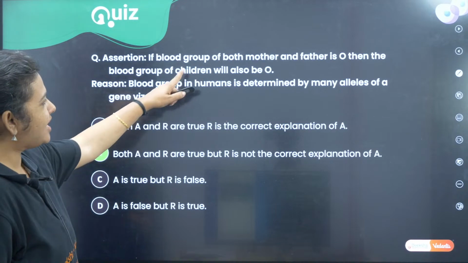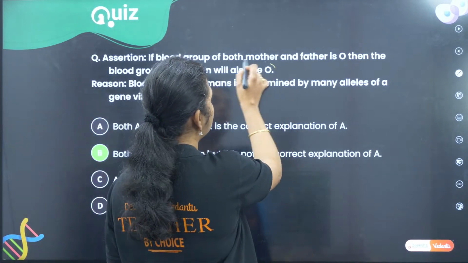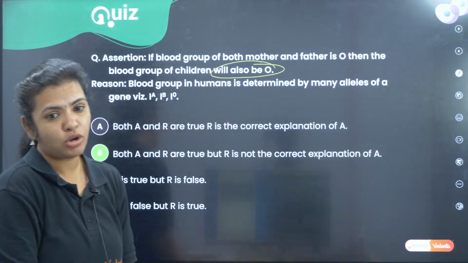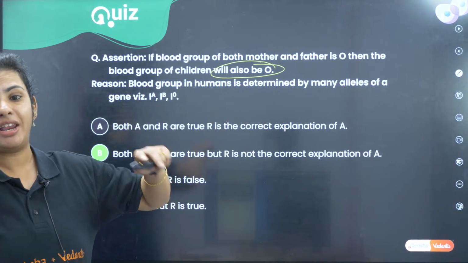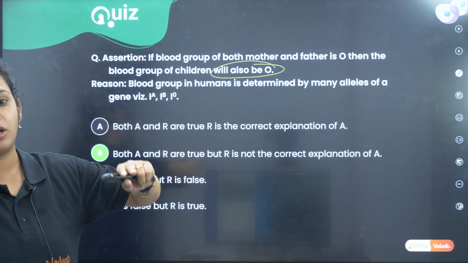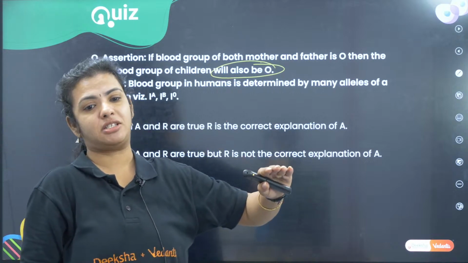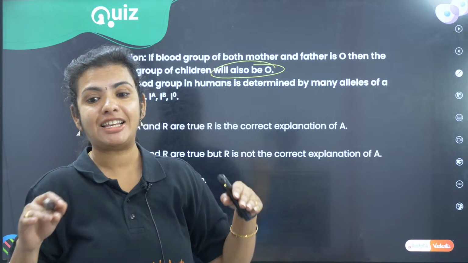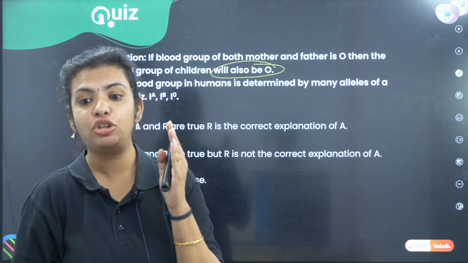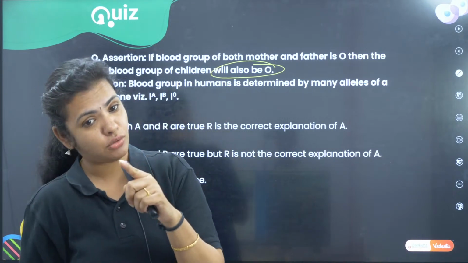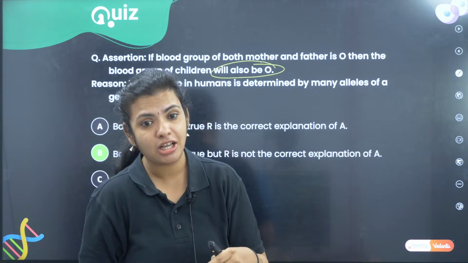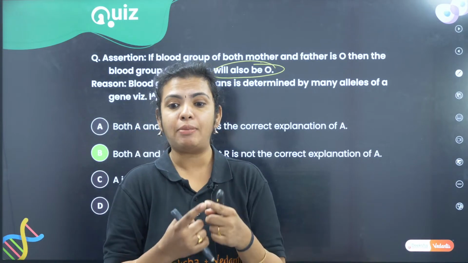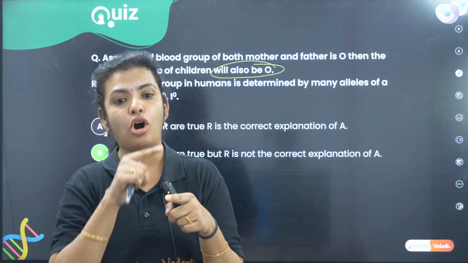Correct? So the first assertion is talking about the child who is going to have a blood group, whereas the reason is talking about blood group in human beings. The reason is talking about a general characteristic of blood group in human beings, whereas the assertion is talking about a child whose parents have O blood group.